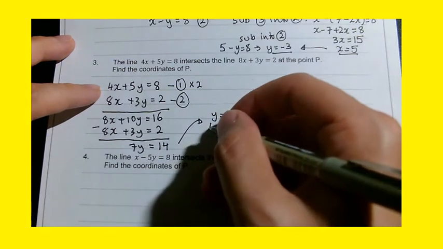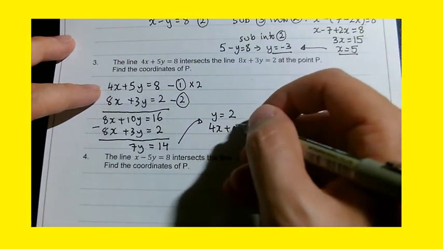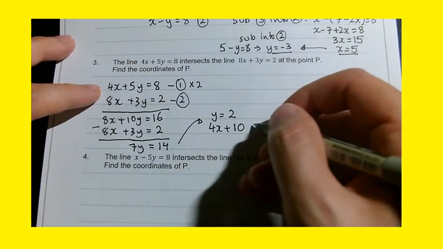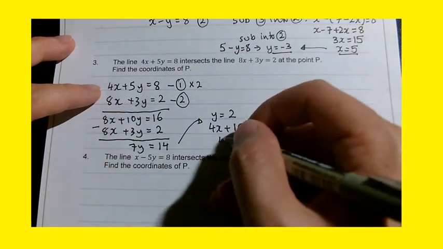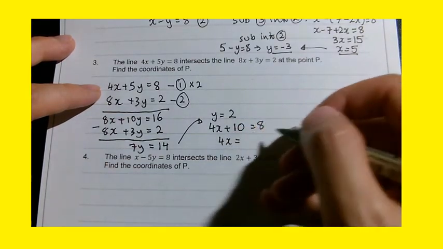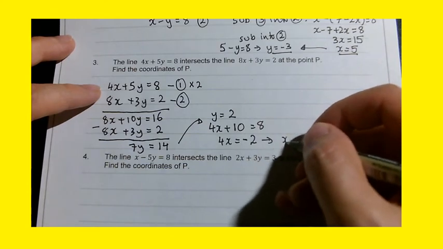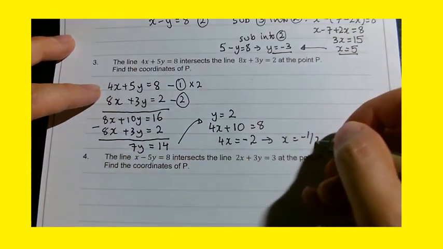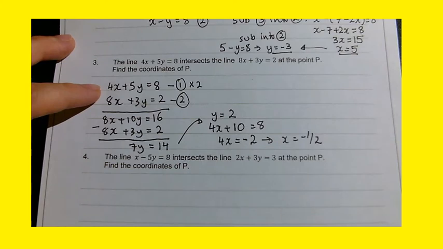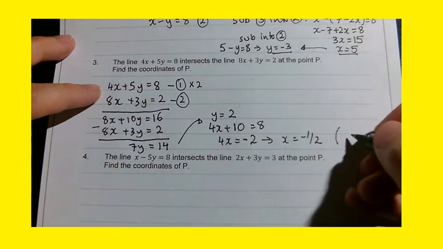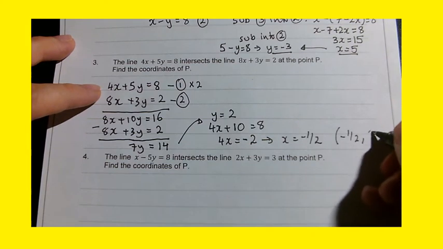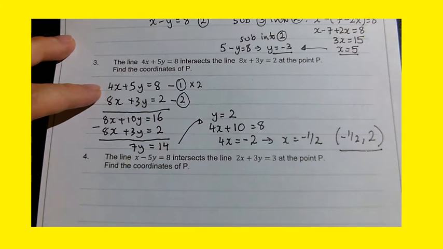So 4x plus 5 times 2, which is 10, equals 8. 4x equals 8 minus 10, which is minus 2. Therefore, x is equal to minus a half. So the coordinate of P is minus a half and 2.